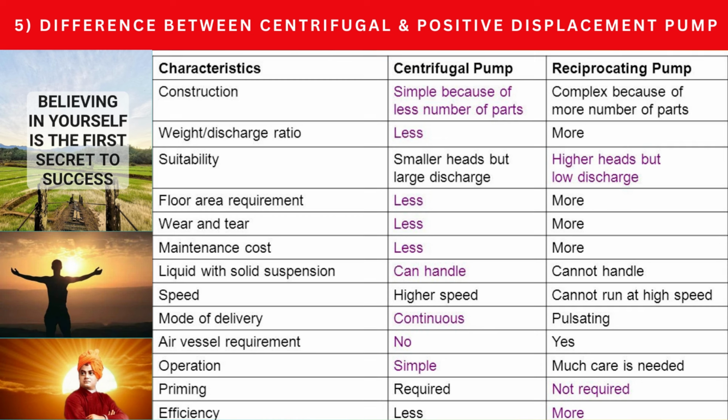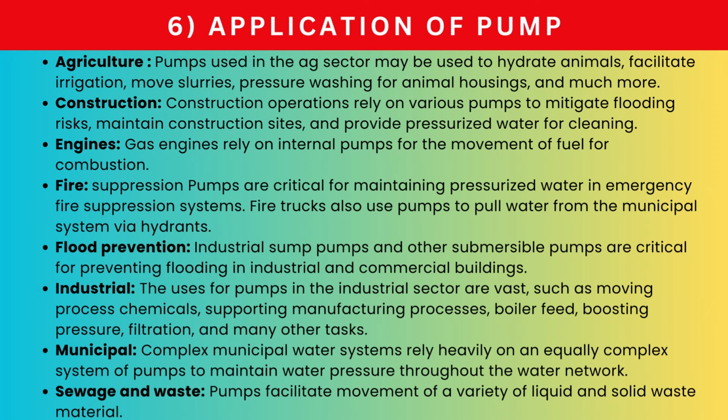Third, centrifugal pumps are more suitable for large flow with less head, whereas reciprocating pumps are more suitable at high head with less flow. You can see other characteristics between centrifugal and reciprocating pumps in the given picture. Hope you understand well.